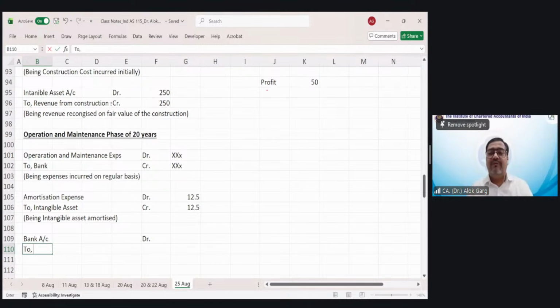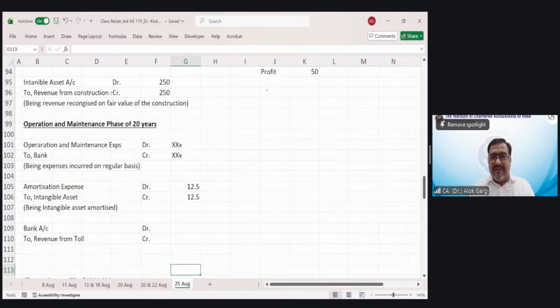So now what you will do? Bank account debit to revenue from toll credit. Every year, whatever intangible asset you have recognized, every year you are debiting this 12.5 also. So whatever money you will receive, you will debit bank account to revenue from toll, being the toll collected.